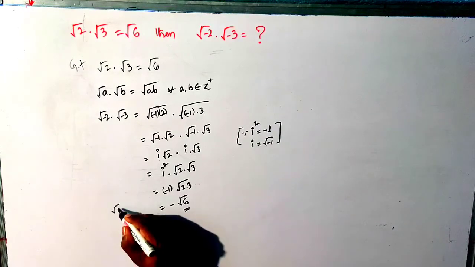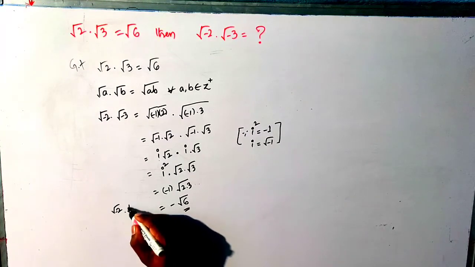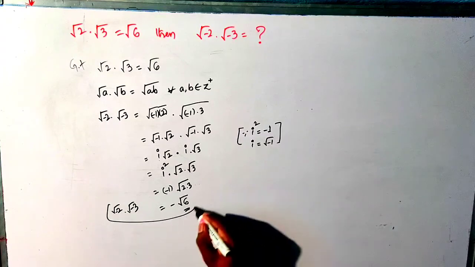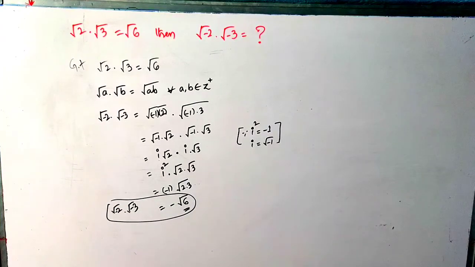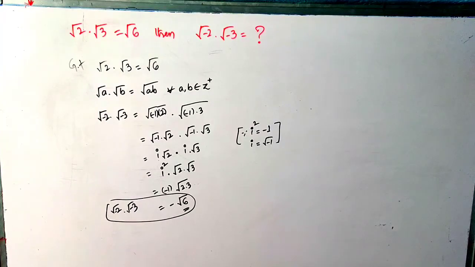So square root of minus 2 into square root of minus 3 is equal to, we got here, minus root 6. Okay, so this belongs to complex numbers. Actually square root of 2 into square root of 3 is equal to root 6, then square root of minus 2 into square root of minus 3 is equal to minus root 6.